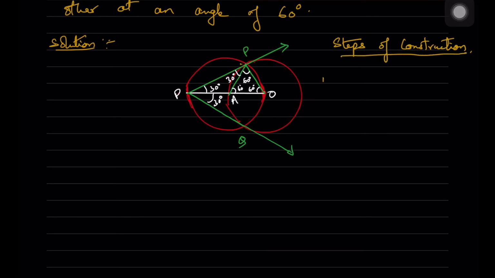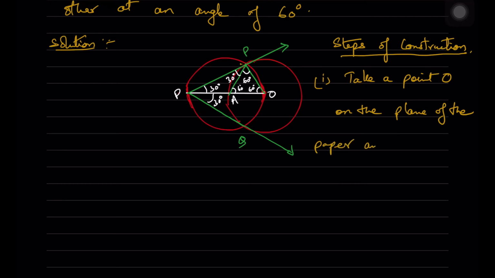In the first step, take a point O on the plane of the paper and draw a circle of radius OA equal to 5 centimeters.